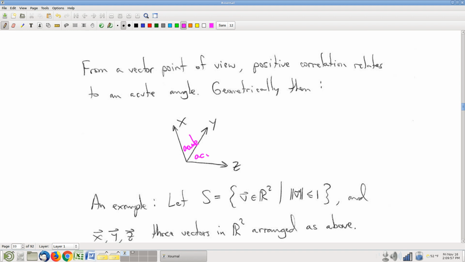Here's an acute angle. So there's an acute angle between x and y. There's an acute angle between y and z. And no one in this room is surprised by the fact that this angle here is obtuse. Right? Easy geometry. Sometimes small plus small is large. It's no surprise at all.